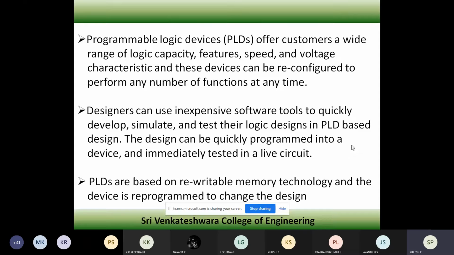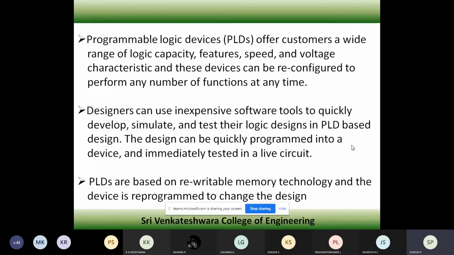Whenever you have to change the functionality of that particular PLD, it can be reprogrammed. Rewritable memory means that if I change the design of that PLD depending upon the requirement of the functionality, I reprogram it to change the design.